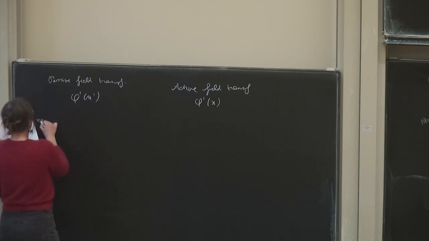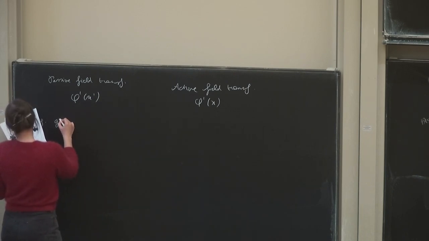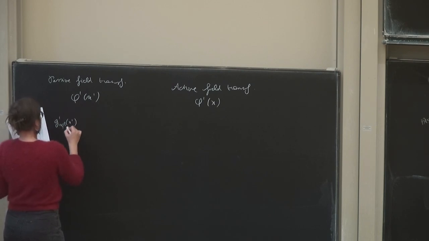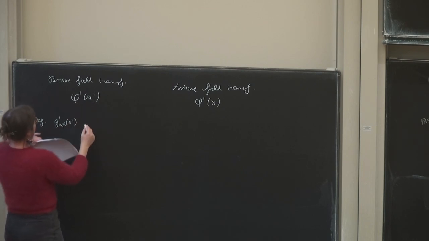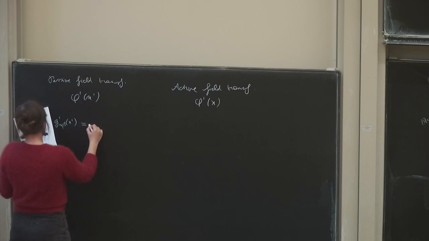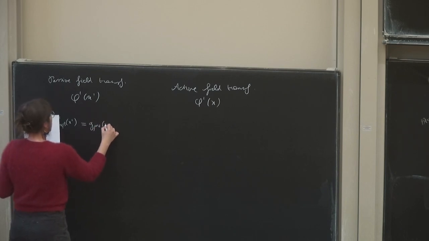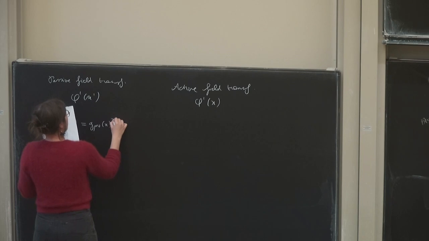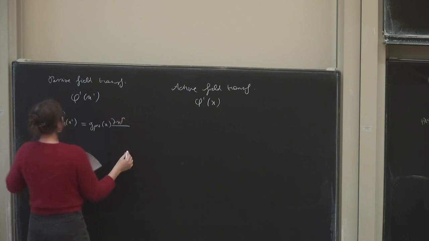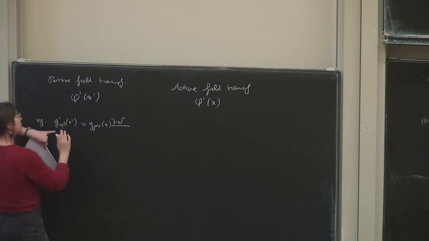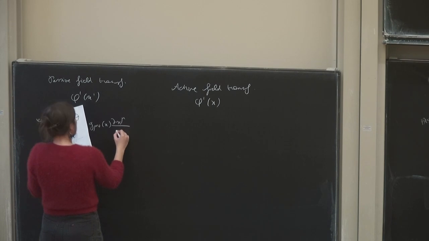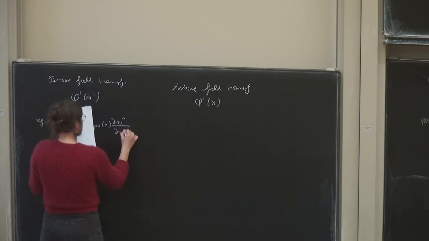So, for example, the metric, as I said, this one is the easiest to remember because ds squared is invariant, and that allows you to remember how the metric transforms passively, just under a change of frame of reference.